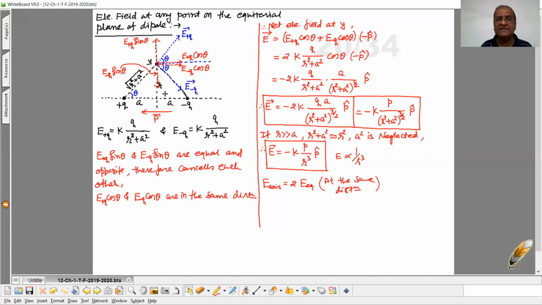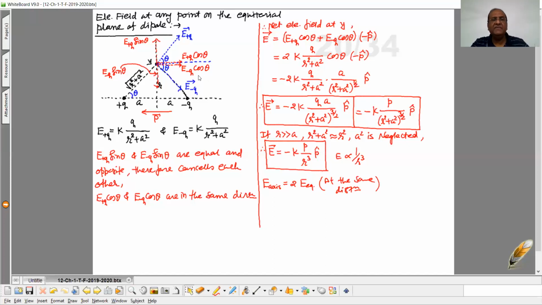And when E plus q cos theta and E minus q cos theta are both in the same direction, the resultant electric field will be the summation of these. So we can write now the net electric field at y, that is E plus q cos theta plus E minus q cos theta.